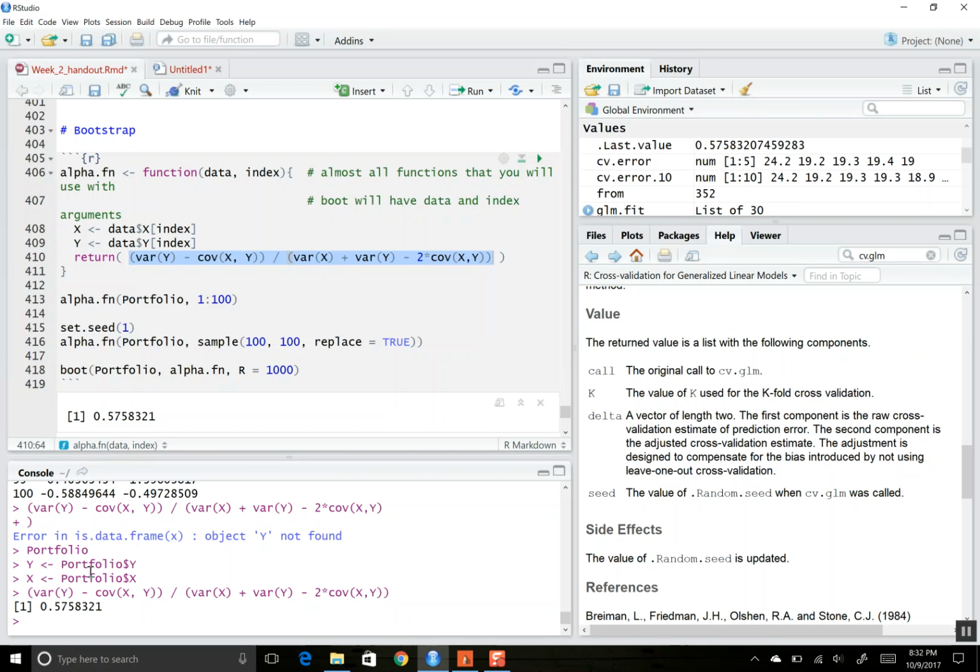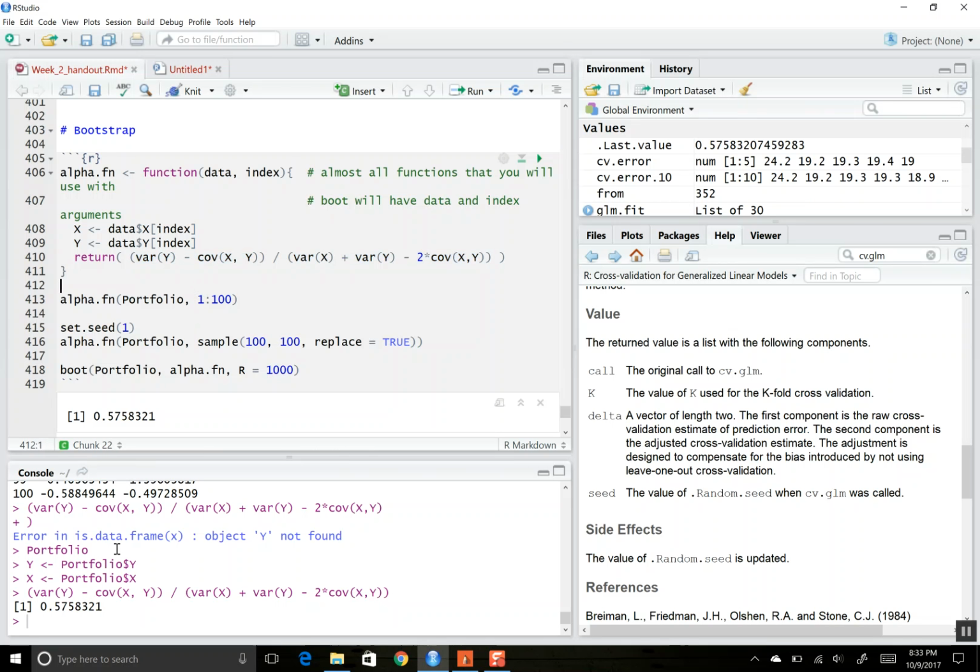Now, if someone else had a different set of 100 observations, they might have a different value that they would get, okay? And so what we are curious about is how much this could vary from one person's observation of 100 data points to someone else's observation of 100 data points, okay?